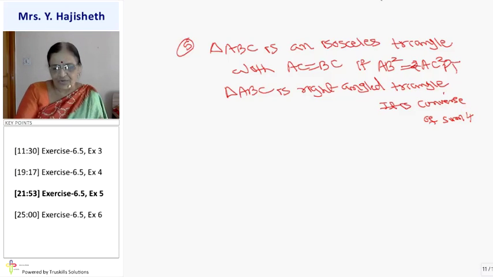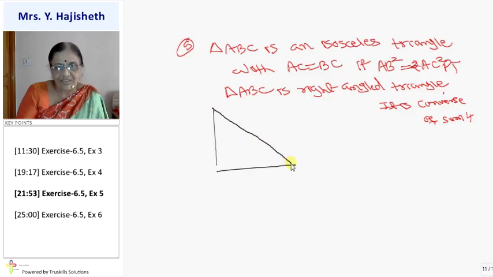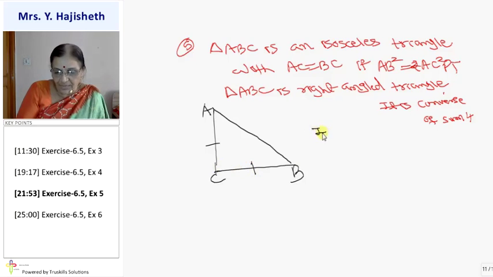So first of all, I draw the triangle. Clear? This is my triangle ACB. Because AC is equal to BC is given, the right angle will come at C. Now in triangle ABC, what is given? AC is equal to BC.